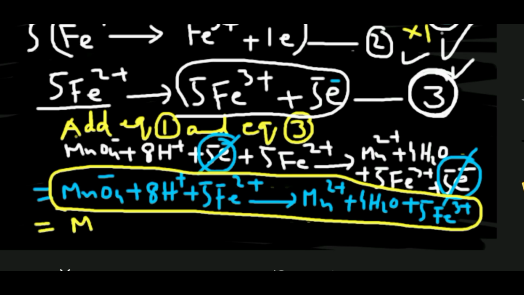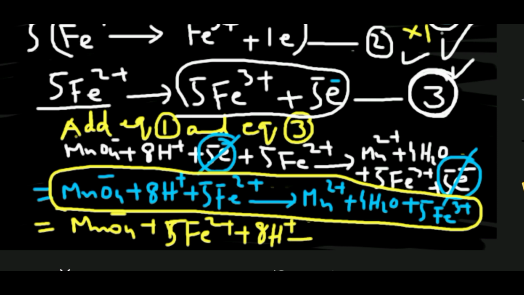This can also be written as MnO4 minus plus 5Fe2+ plus 8H plus, that gives Mn2+ plus 5Fe3+ plus 4H2O.